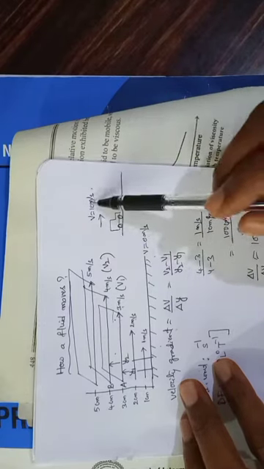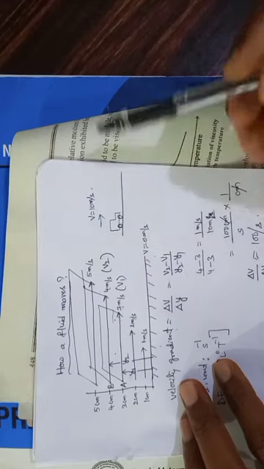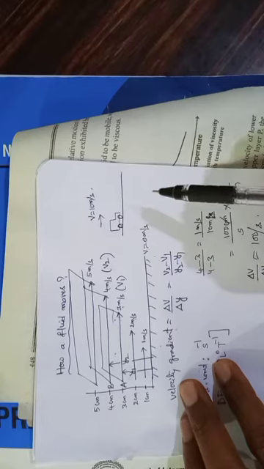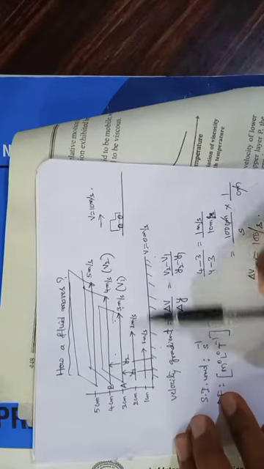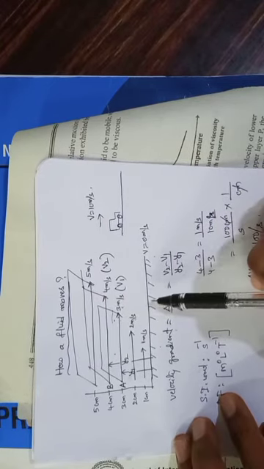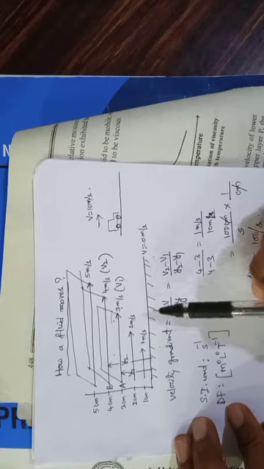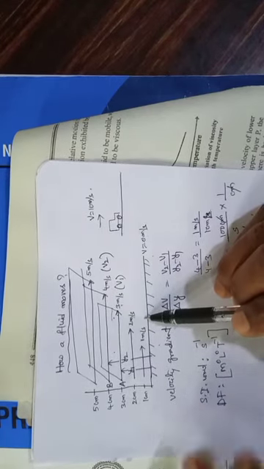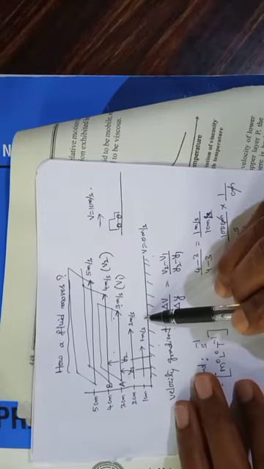To maintain the velocity, you have to apply some force, and that force is just to overcome the force of friction. Here also, some force is required to overcome the force of viscosity. And here let us consider another point also.